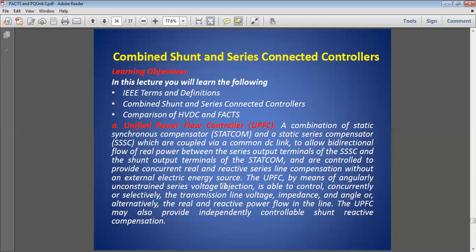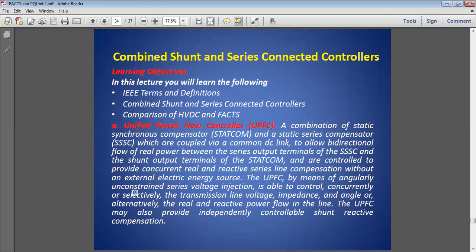Okay, so this is what is related to the UPFC, that is, the unified power flow controller.